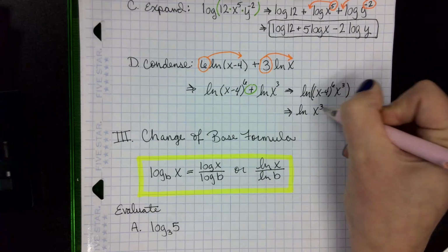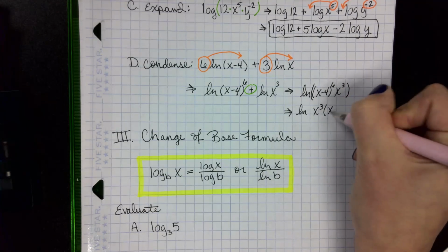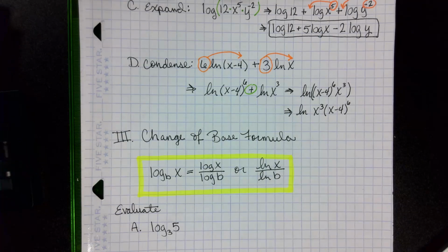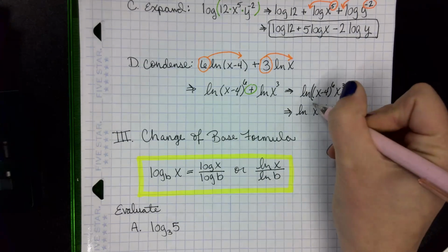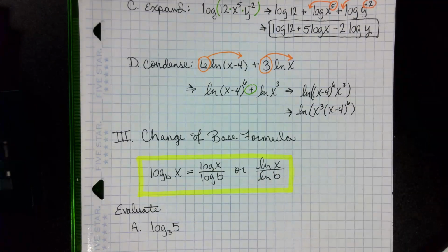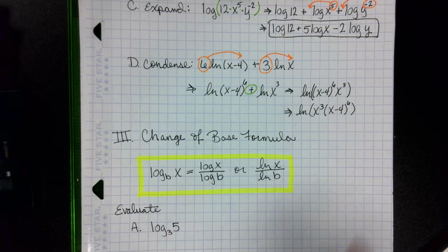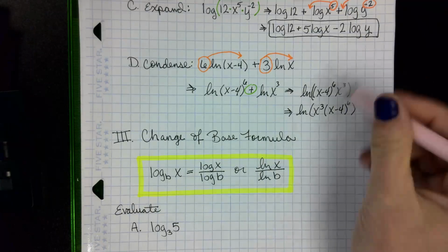So x to the 3rd, parentheses, x minus 4 to the 6th. I would probably still put an extra set of parentheses around it, just because I like the extra parentheses. So I know for sure the entire thing is the argument of the log.